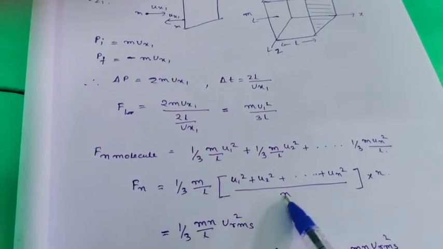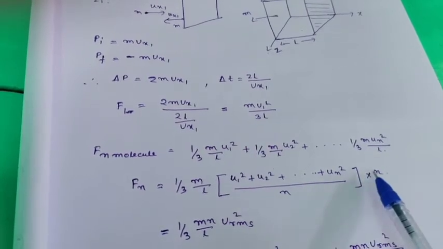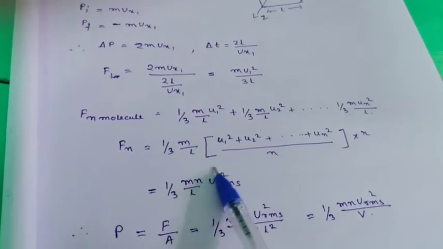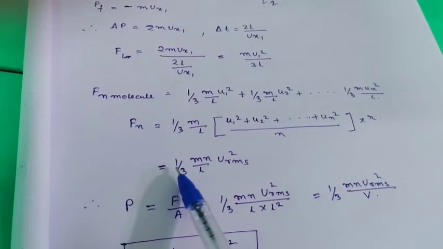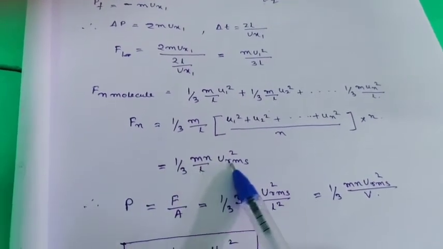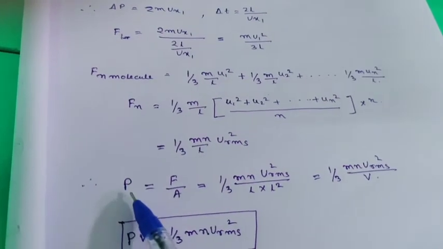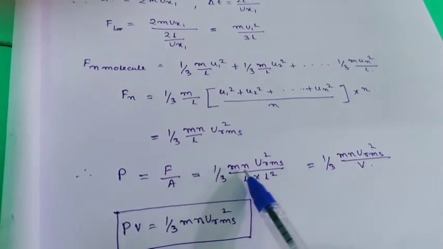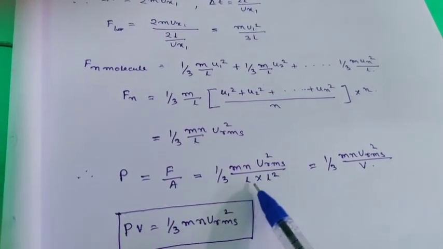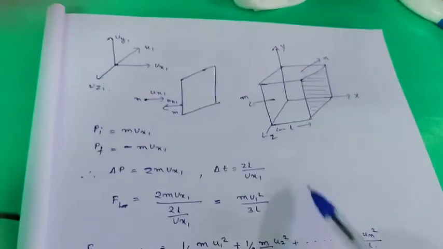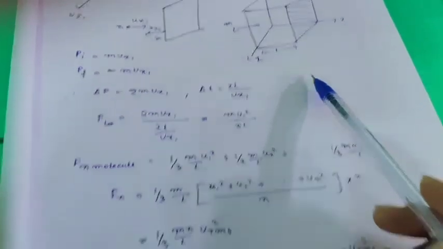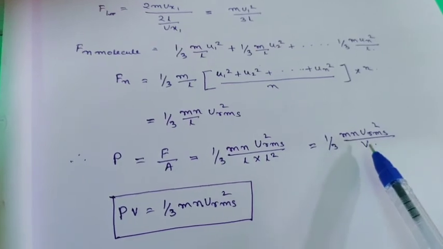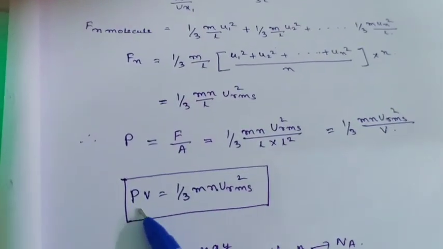If we divide and multiply by n, we can write the force in terms of the RMS velocity: F equal to 1 by 3 mn by L u_rms square. Pressure equals F by A equals 1 by 3 mn u_rms square divided by L into L square. The area of this wall is L square. So we can write P L cube equal to 1 by 3 mn u_rms square, that is, PV equal to 1 by 3 mn u_rms square.